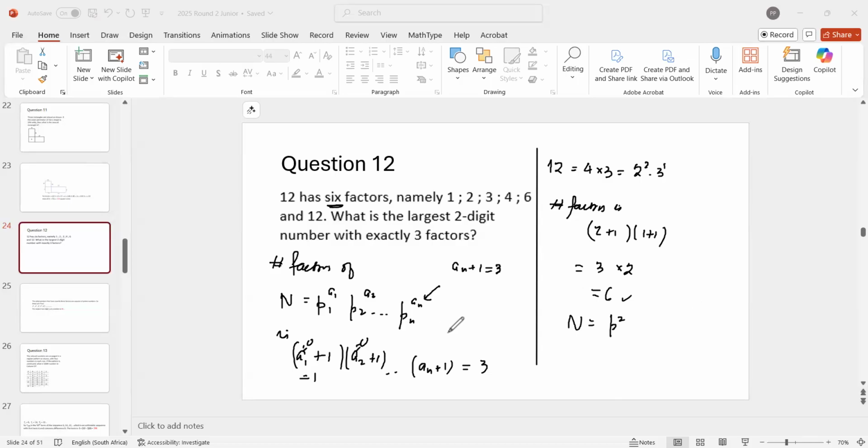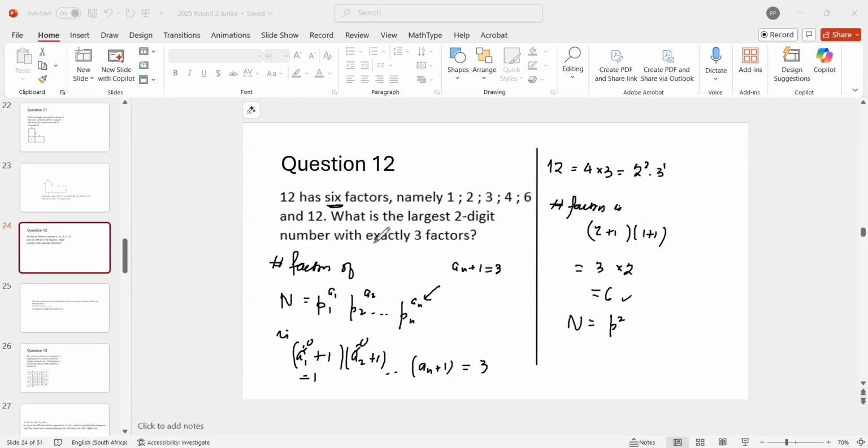The argument is that to get a product equal to 3, 3 is a prime number. So all of them are 1, so each of the indices are 0. So there's only one prime factor, and all the others are 1. And you have that prime factor raised to an, but an plus 1 will be equal to 3. Okay, so the long and the short of the story is that n is a square of a prime.